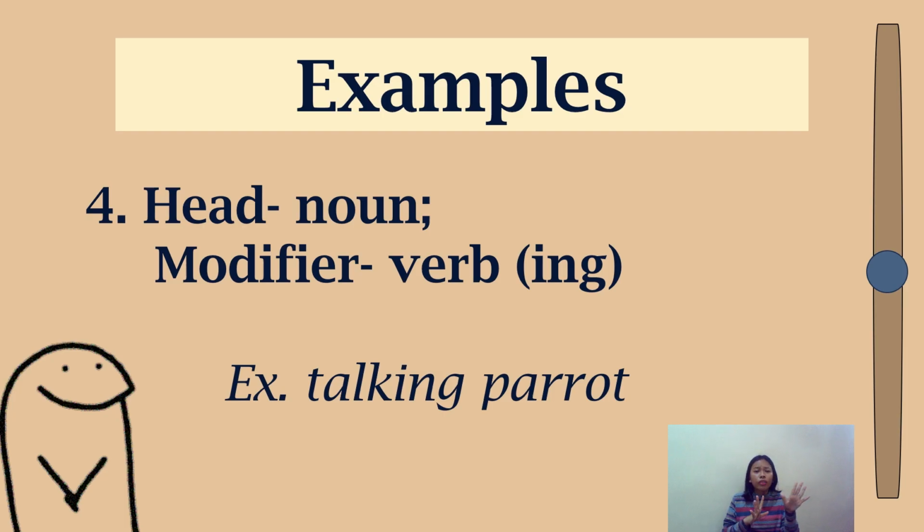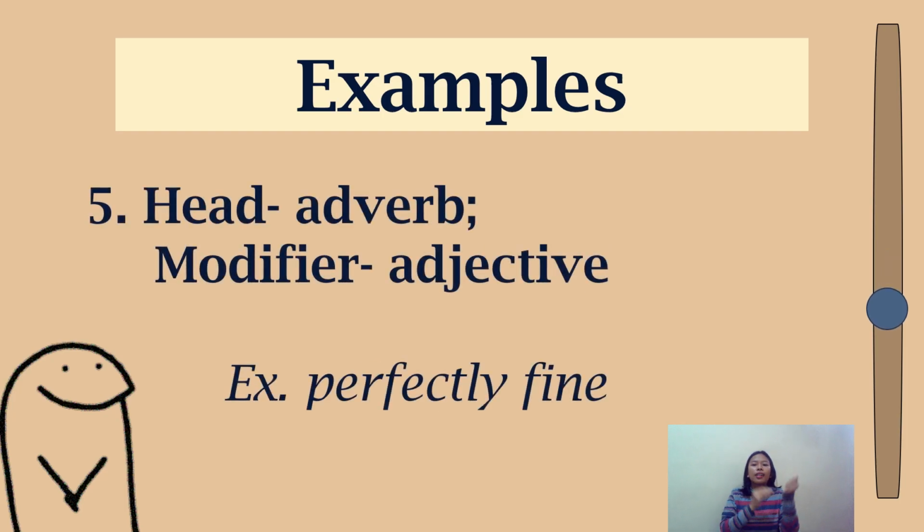The verb here is talking, and the noun that it modifies is the word parrot. Next, number 5, the head is an adverb and the modifier is an adjective. The example we have here is perfectly fine.